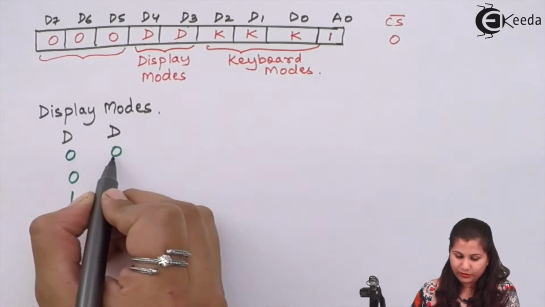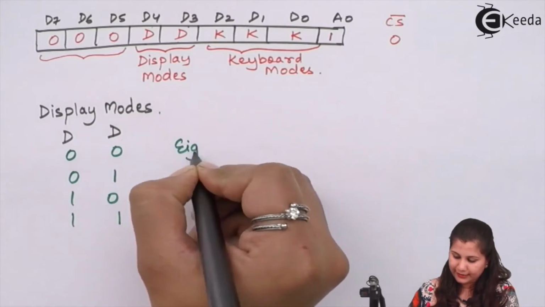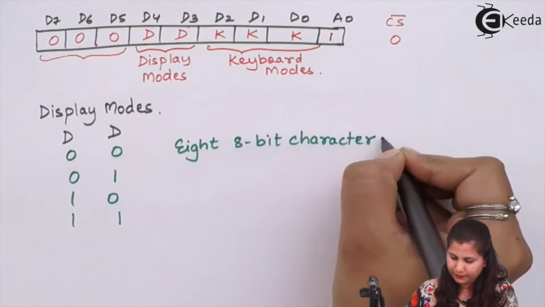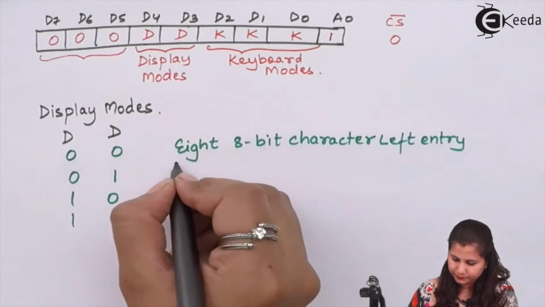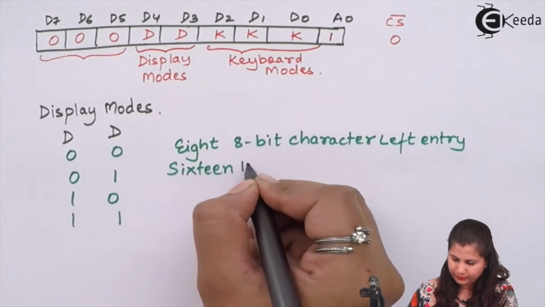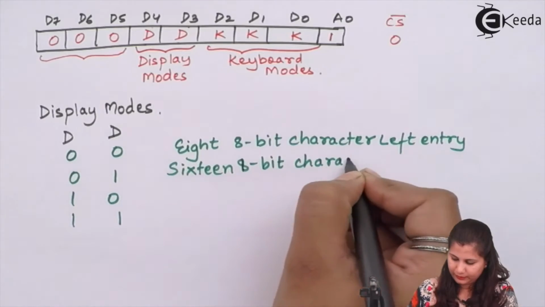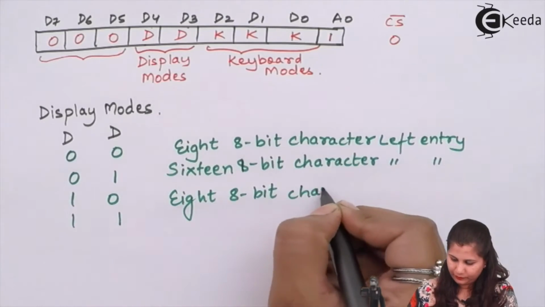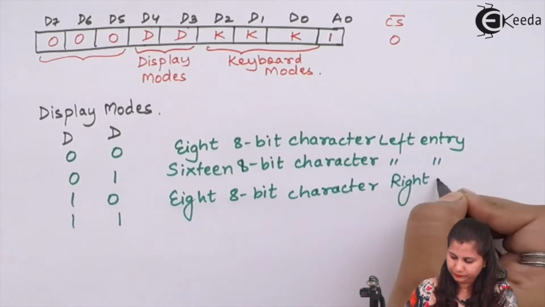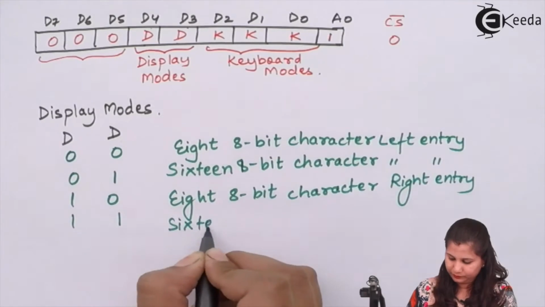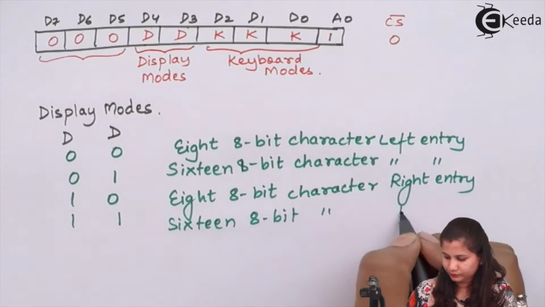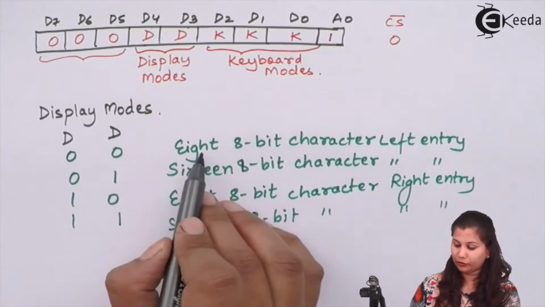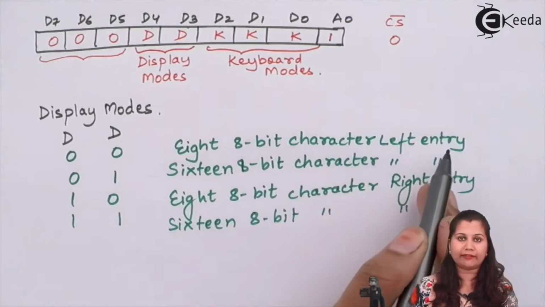When their value is 0 0, we have the mode as 8-bit character left entry.